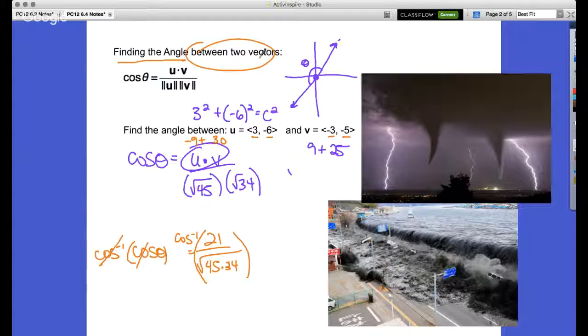So we're going to say the cosine inverse of 21 divided by the square root of 45 times 34. I got 57.53. So we're going to put theta equals 57.53 degrees. And that'll be my answer.